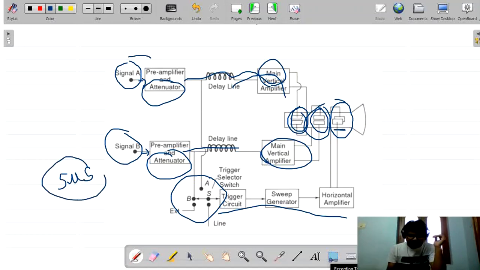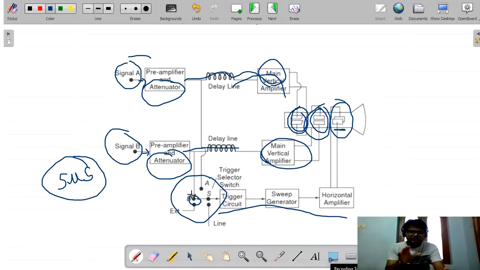That means the switch is working at a very fast rate. Assume that at time t equal to 0, the switch is connected to position A. At time t equal to 5 microseconds, the switch is connected to position B. At time t equal to 10 microseconds, again the switch is connected to position A. In this manner, the switch connects alternately between A and B. Then you may have a doubt: until 5 microseconds there will be no connection to signal B, so signal B will not be displayed on the screen.